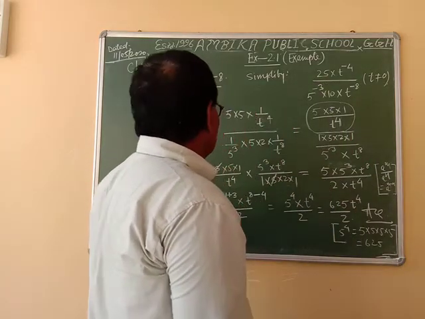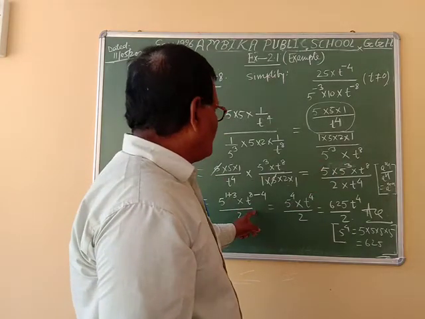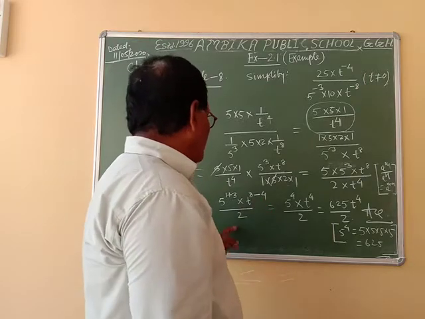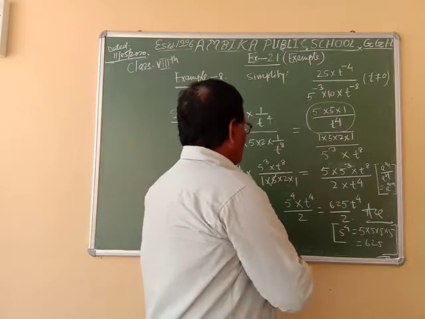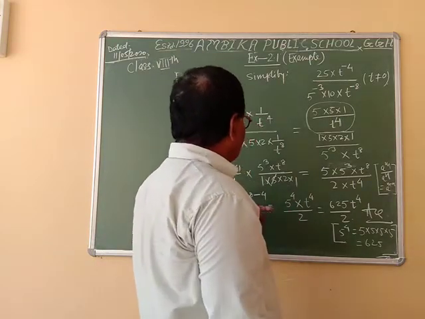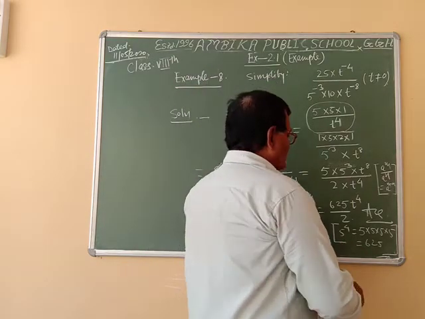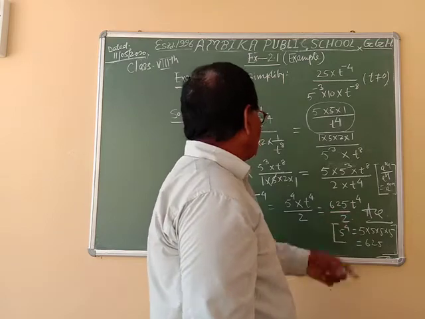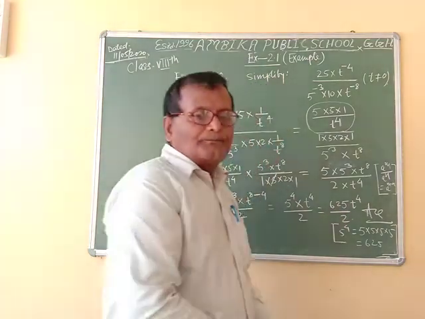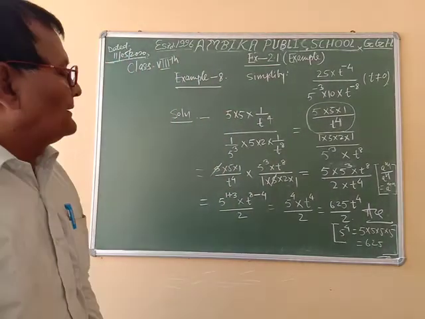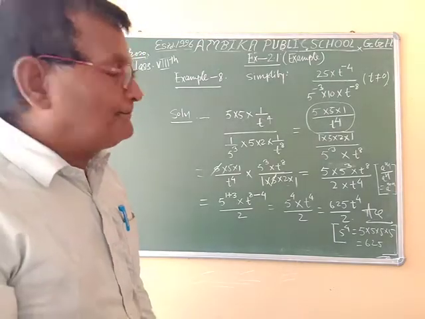Using this formula, we can write 5 to the power 1 plus 3 into t to the power 8 minus 4 by 2, is equal to 5 to the power 4 into t to the power 4 by 2, is equal to, multiplying 4 times by 5, we get 625 into t to the power 4 by 2. This is your answer. Now I'll clear example number 11.